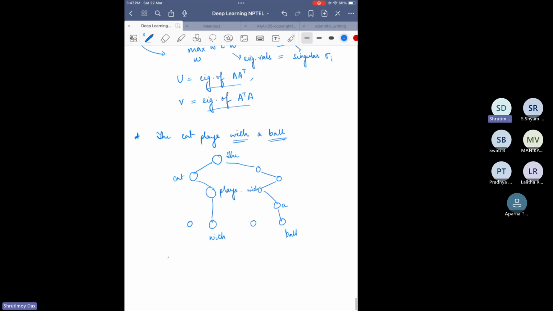We have something like this, or we can make a deeper tree with six nodes. If my number of nodes is even, then we have three nodes here and three nodes here.